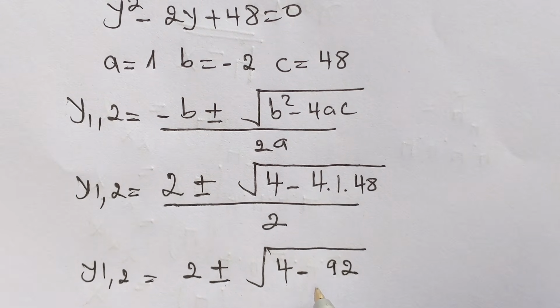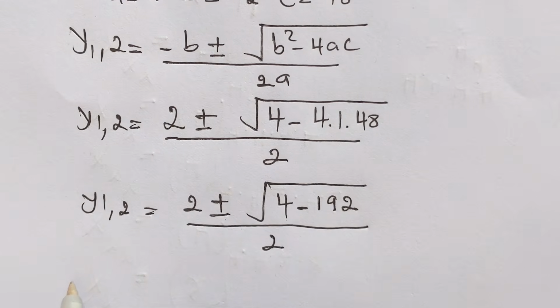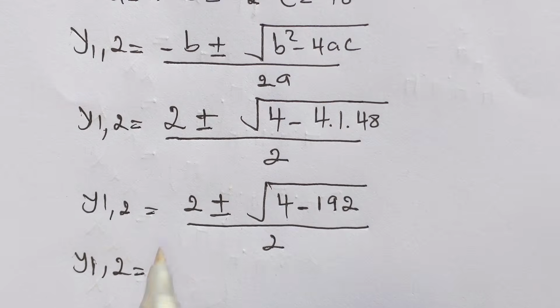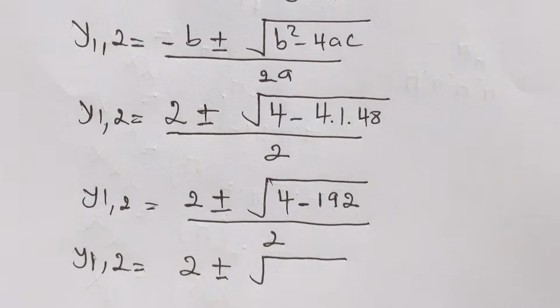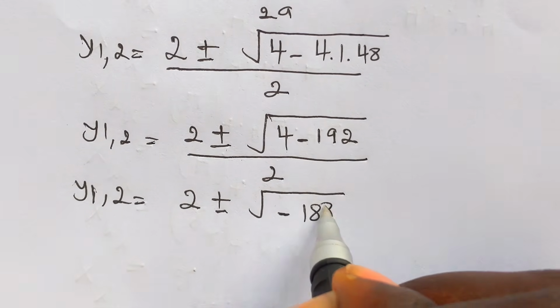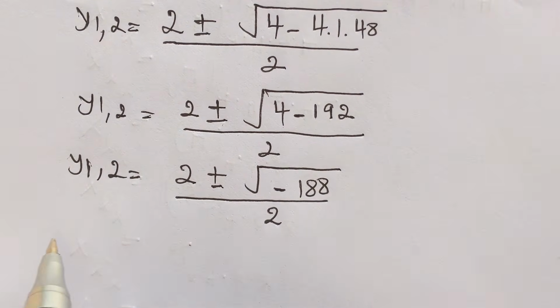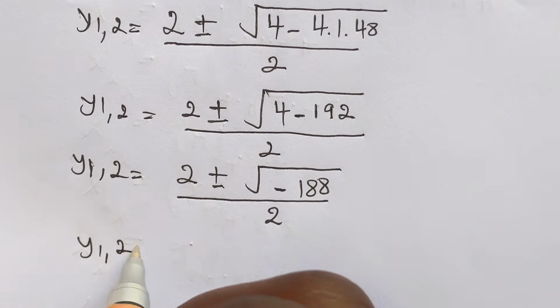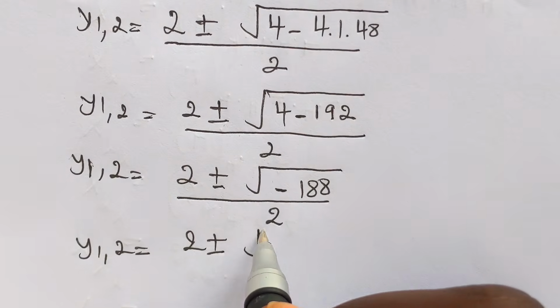And y1 and 2 will be 2 plus or minus the square root of 4 minus 4 times 1 times 48, over 2. Here we shall say 2 plus or minus the square root of -188 over 2.